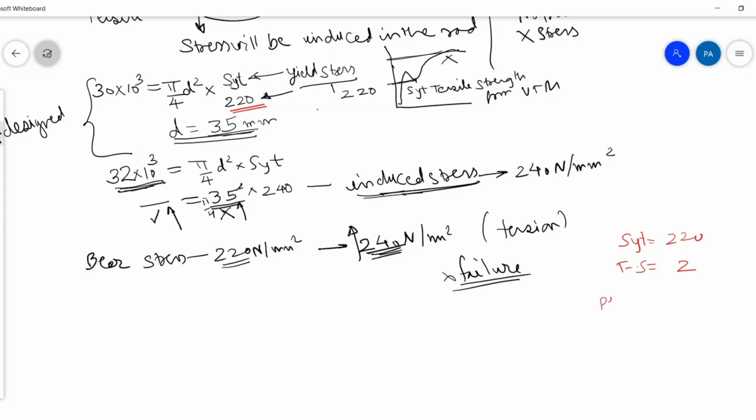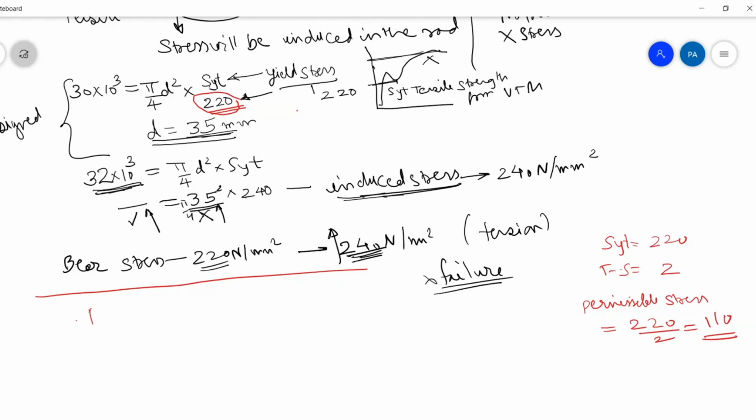So I will say that permissible stress is equal to 220 divided by 2, which is equal to 110. So I will not design at this value of 220. See what I will do. I will design it like this.